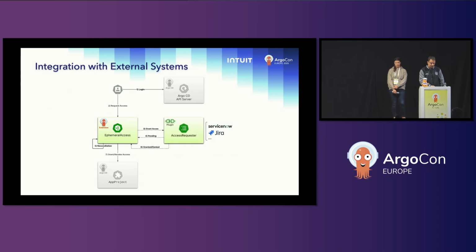So the reconciliation loop will, if there is a plugin configured in the ephemeral access controller, invoke this operation called grant access in the plugin. The grant access operation can return 3 different statuses: pending, granted, or denied.